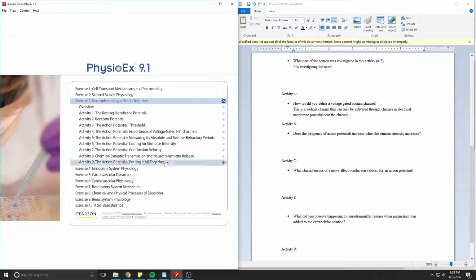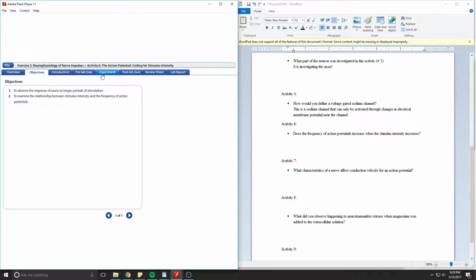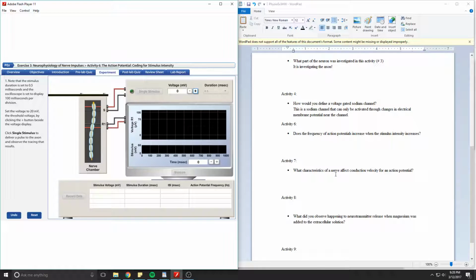Okay, let's go back. Let's do number 6 now. Experiment: does the frequency of action potentials increase when the stimulus intensity increases? Okay, that's pretty simple. Set the voltage to 20 and do single stimulus.